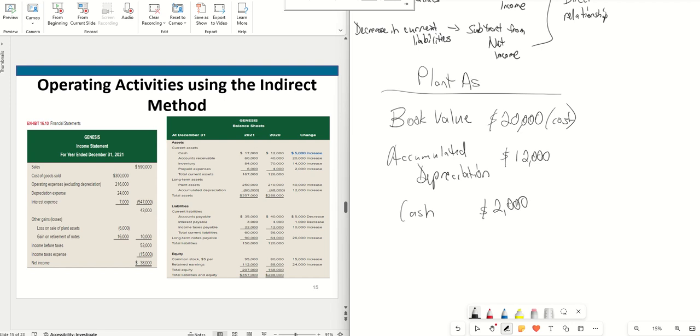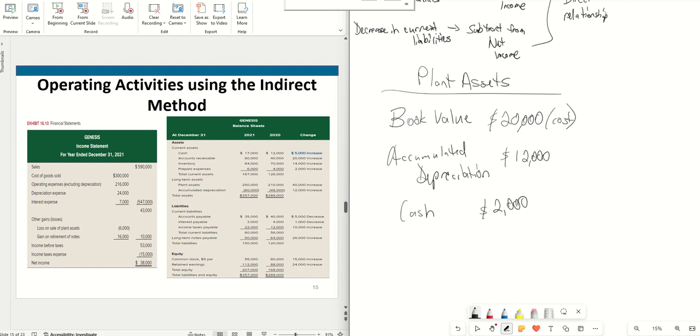It's going to be from plant assets. All right. The plant asset, for example, had a book value of $20,000. That's the cost. Accumulated depreciation of $12,000. And the cash was $2,000. So this is the cash that was received in exchange for disposing of the plant asset.